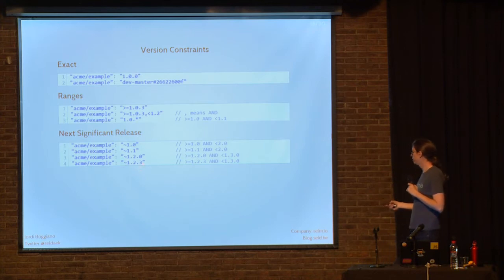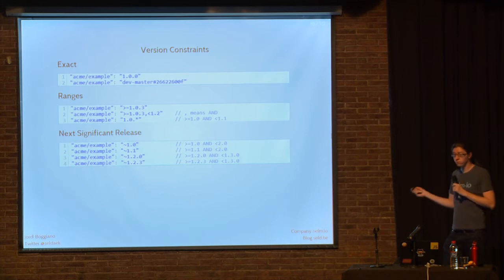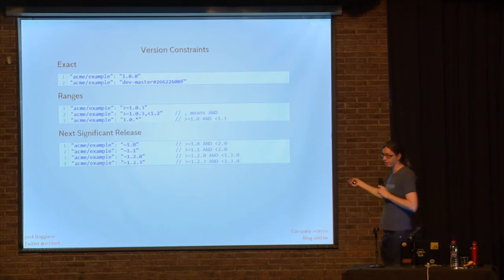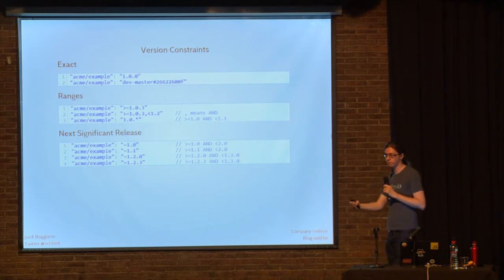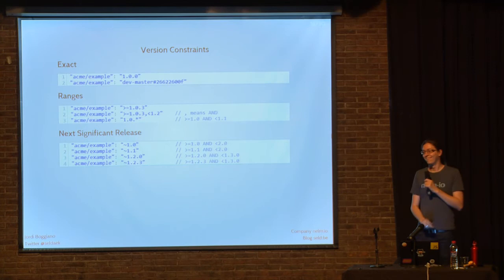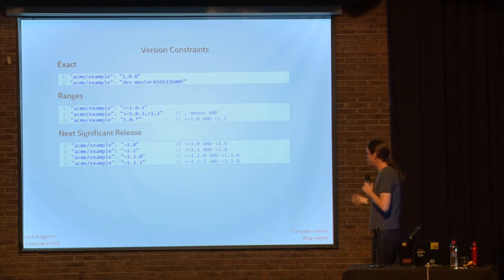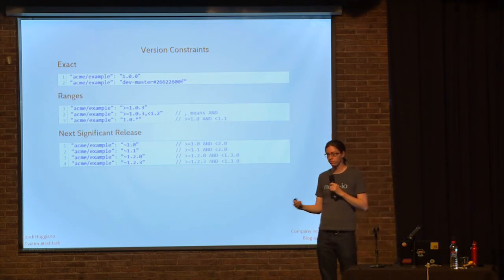But if you look at the last case, for example, we have 1.2.3 and there, if you replace the 3 with a star, you would get from 1.2.0 to 1.2.9999. But in this case, it's only from 1.2.3 and upward.